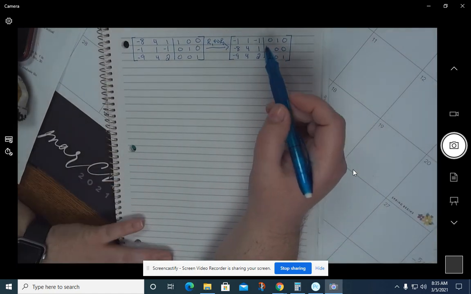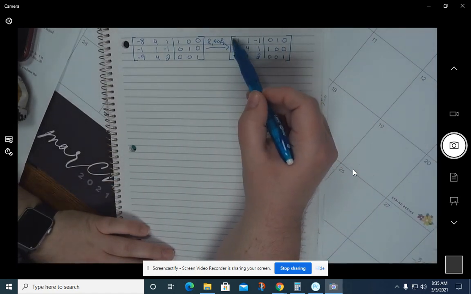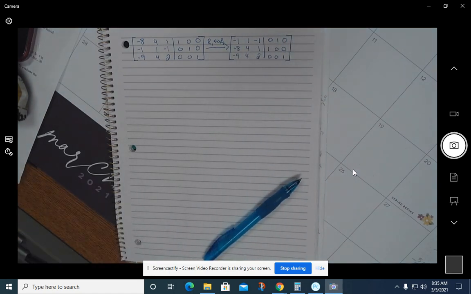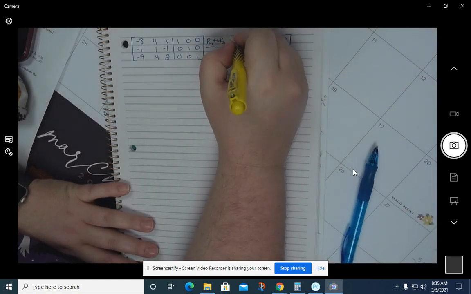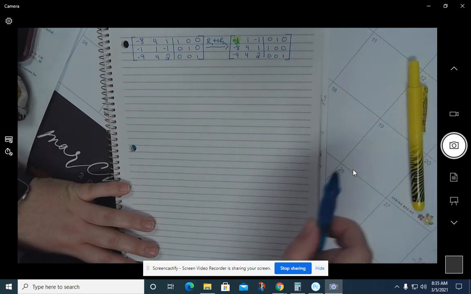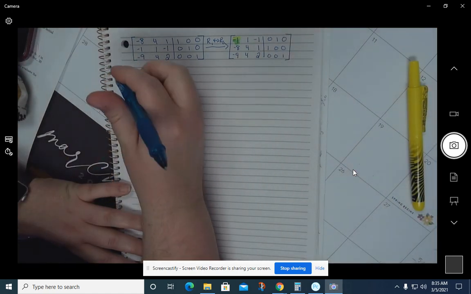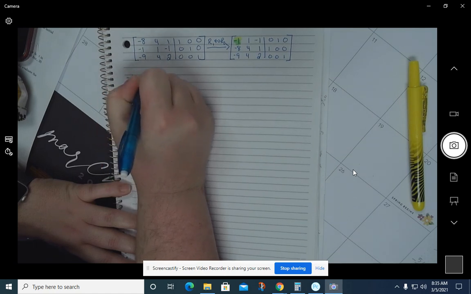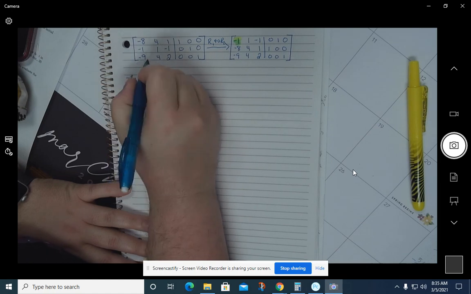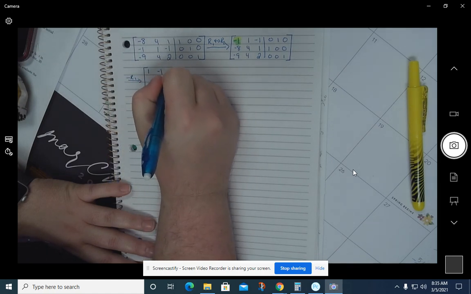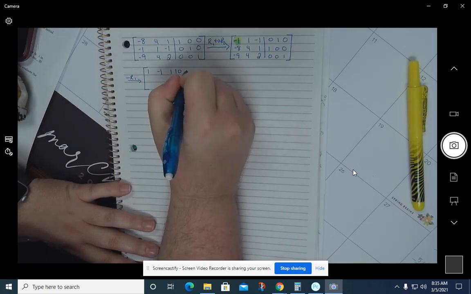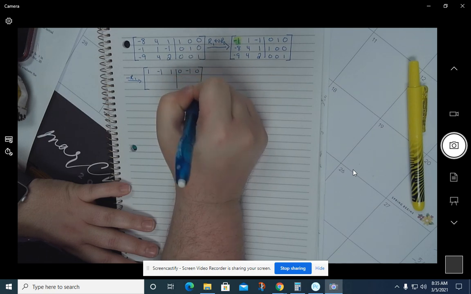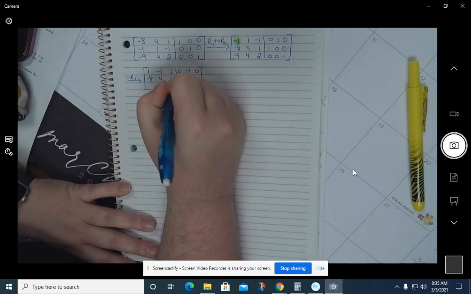The first thing I did was swap my rows, because now I've got a -1 that I can turn into a 1. So I'm going to take negative row 1 for my next matrix, which gives me 1, -1, 1, 0, -1, 0. I haven't changed the other two.